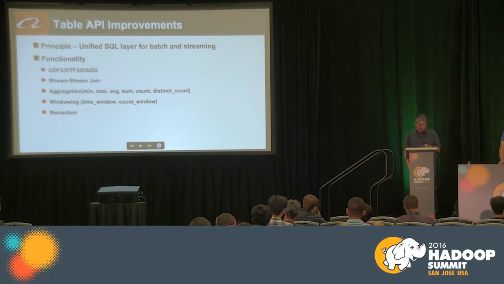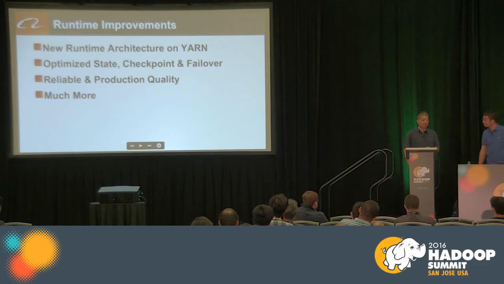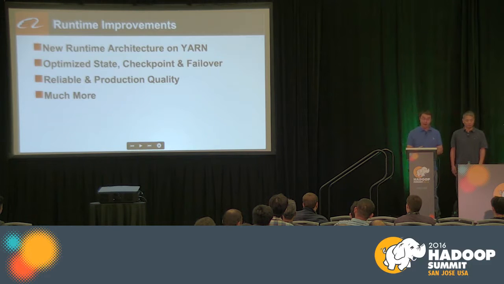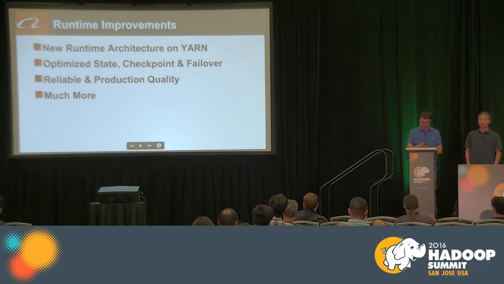OK, now let me turn it over to my colleague Feng. He's going to give a more detailed explanation of what we did to the runtime. Good afternoon. All right. I'm Feng from Alibaba, with the same team as Xiaowei. OK, next I will introduce the runtime improvements we did for Flink.